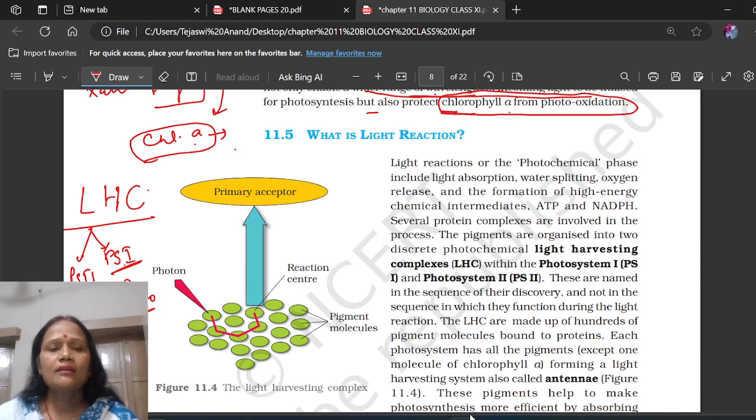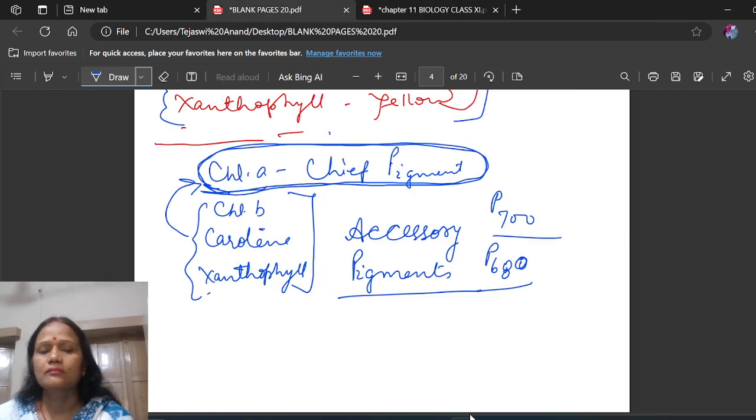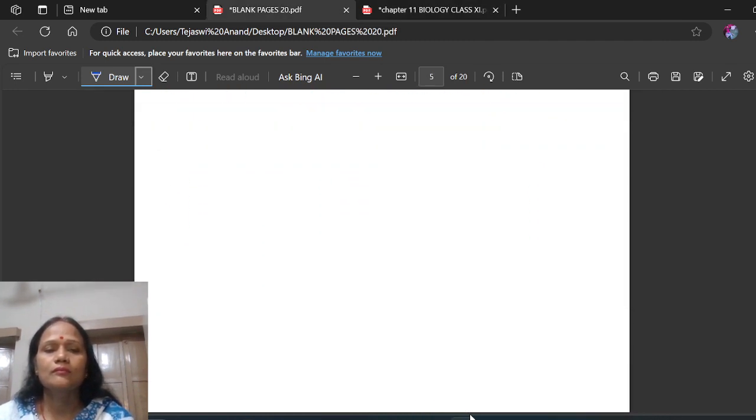you can find here the photon is, we can say, unit of sunlight, unit of sun rays.